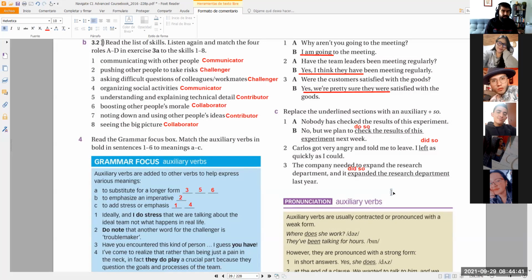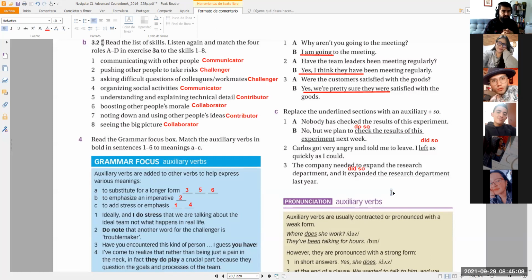Look, for instance, the last one: the company needed to expand the research department. La compañía necesitaba expandir el departamento de investigaciones, and it did so last year. Y lo hizo. This is exactly what Felipe says. So this "so" is the equivalent of lo or la that we have in Spanish, and it refers to the actual action.